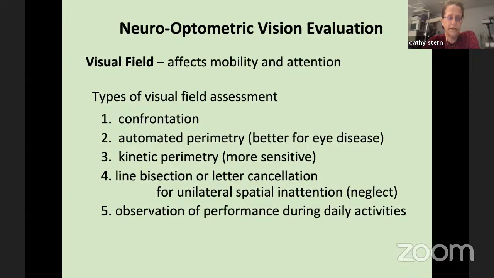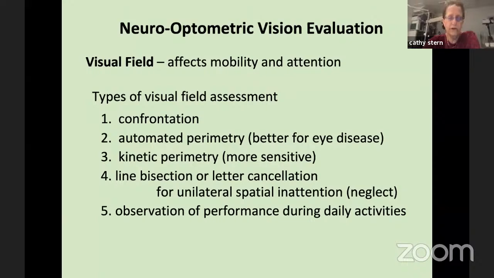And we do understand that we can test visual field by confrontation, by automated perimetry, by kinetic perimetry, which is more sensitive and much more useful when we're looking at functional field. For unilateral spatial inattention or neglect, there are 2 tests, one called line bisection and one letter cancellation.